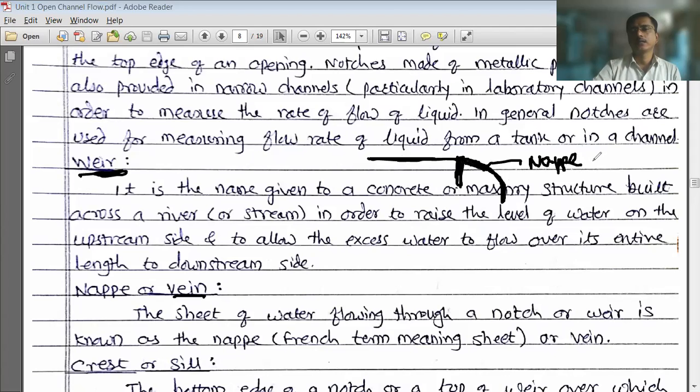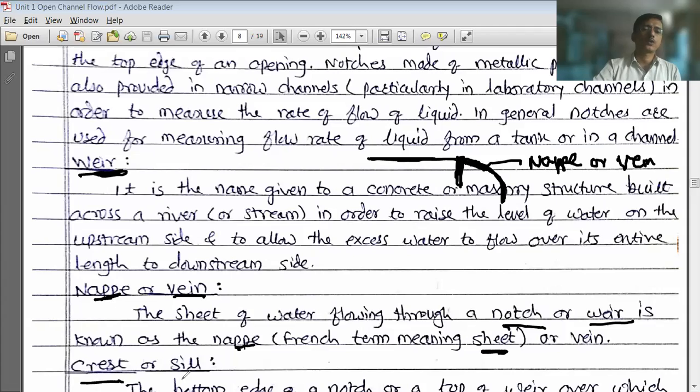Okay, it is called the nappe or vein. The sheet of water flowing through a notch or weir is known as nappe. It is a French term meaning sheet of water, that is nappe.